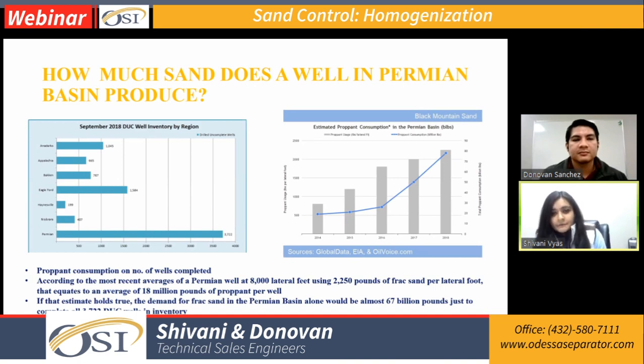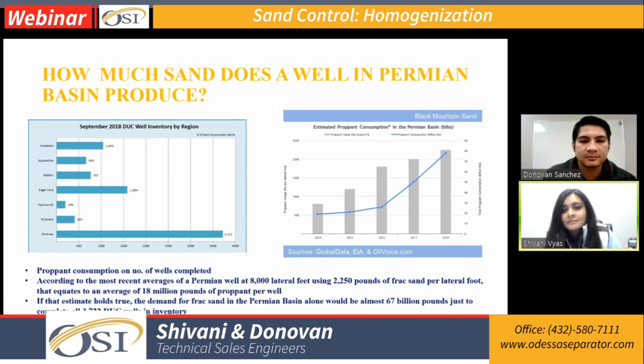The graph on the right-hand side shows how many pounds of frac sand we were using per lateral foot. In 2014 it was less than 1,000 pounds, and it has gone up to more than 2,000 pounds in just 4 years. So we're talking about less than 1,000 pounds to about 2,250 pounds of sand per lateral foot.